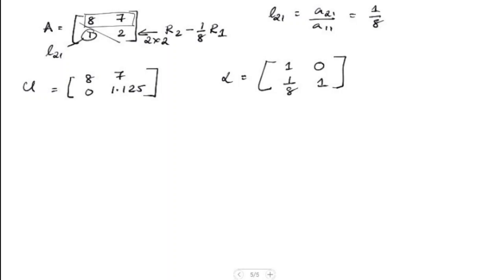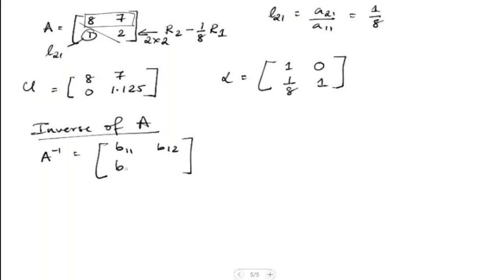Now for the second part, where we have to find the inverse of A. So let's say that A inverse looks something like this: B11, B12, B21, and B22. And let's say that the identity matrix looks something like this.